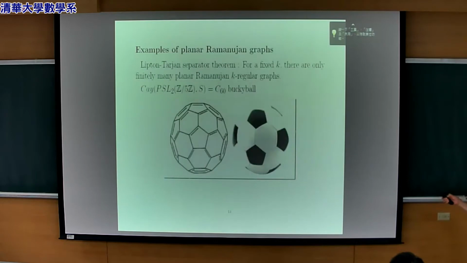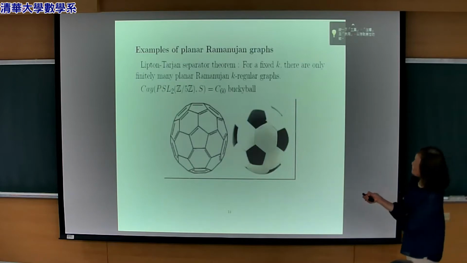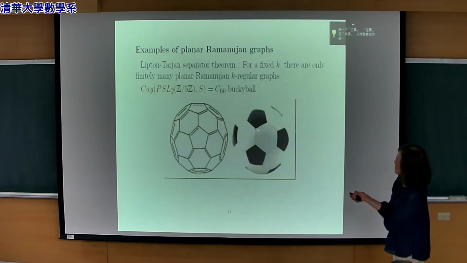So let me give you some examples of Ramanujan graphs. If you get nothing else, I want you to take this home. This is an object which everybody knows very well. What is that? A soccer ball. Okay. So if you look at a soccer ball, you think of this as a graph drawn on the surface of a sphere, and each vertex has 3 neighbors.